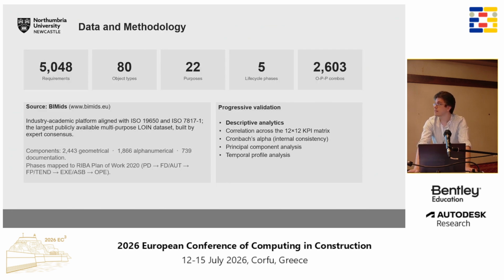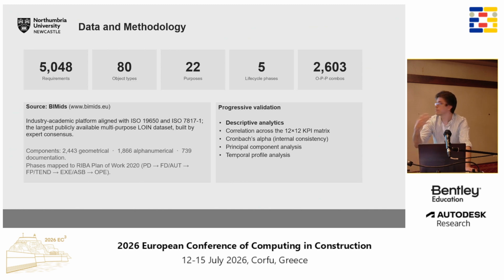So we ended up using BEAM IDS as our data source because we believed that it was one of the easiest and open source databases of data that could actually talk about objects in depth, in granularity, at the same time that it was applied to both 7817-1 and the 19650 series. Basically, it was perfect for the analysis that we wanted to make.